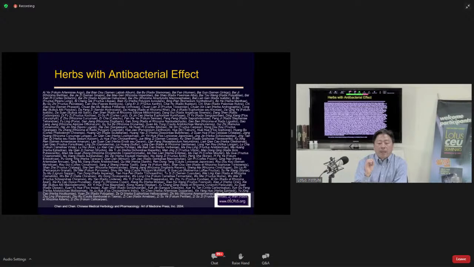So once again, my point with this slide is to remember that there are many herbs that clear heat, whether excess heat or deficiency heat or heat and fire or damp heat, that have significant antibacterial effect. So there's no reason why we cannot use Chinese herb or herbal formula to treat bacterial infection.